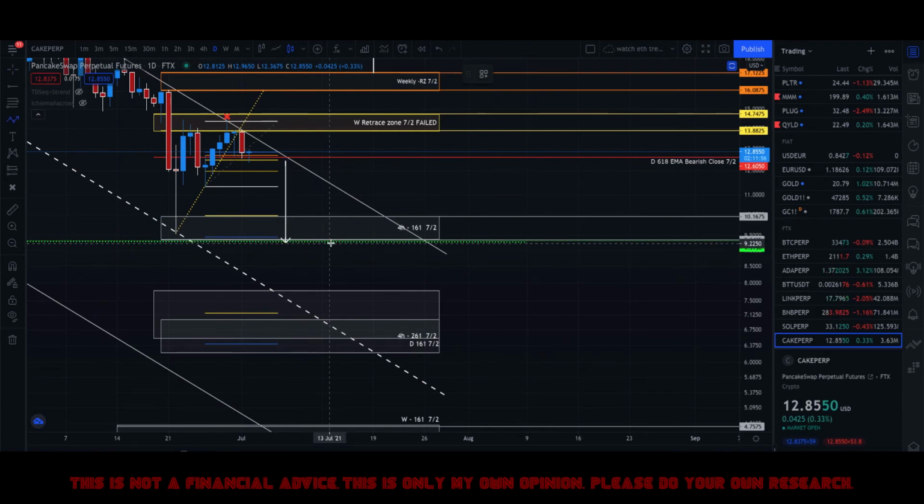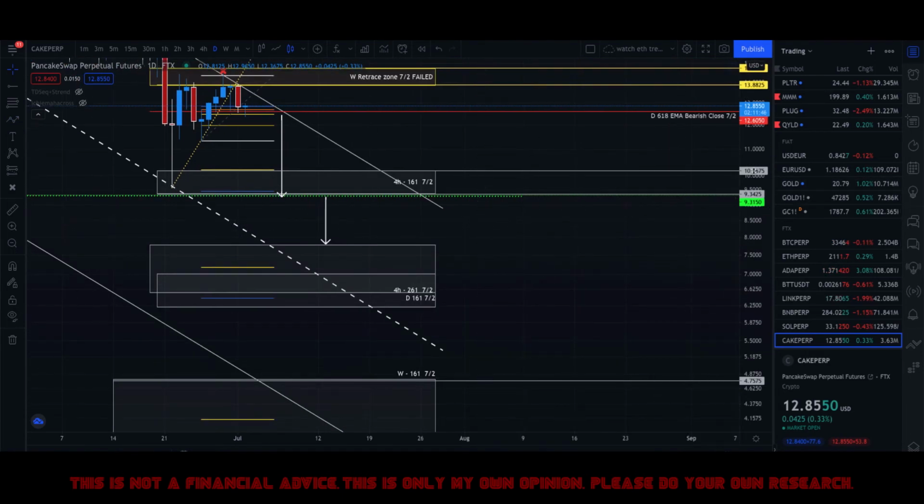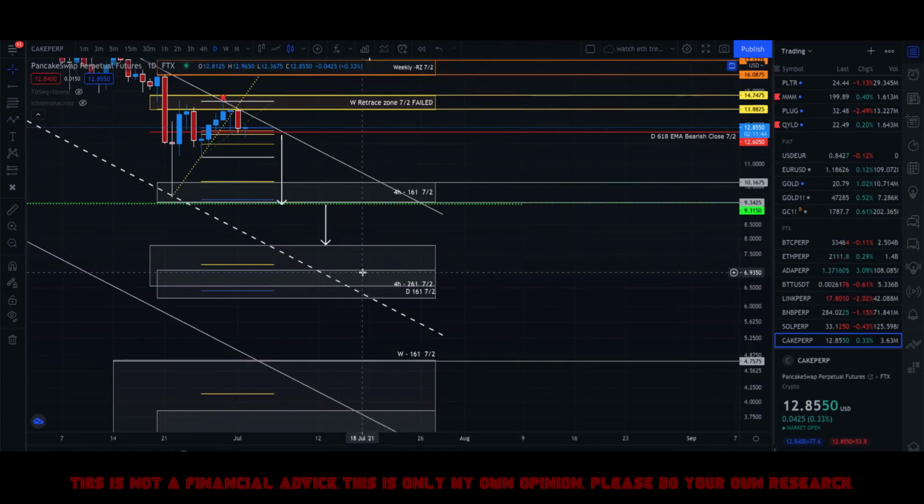and a close under here, the green line, means that we're definitely going to go to the 261 extension zone.